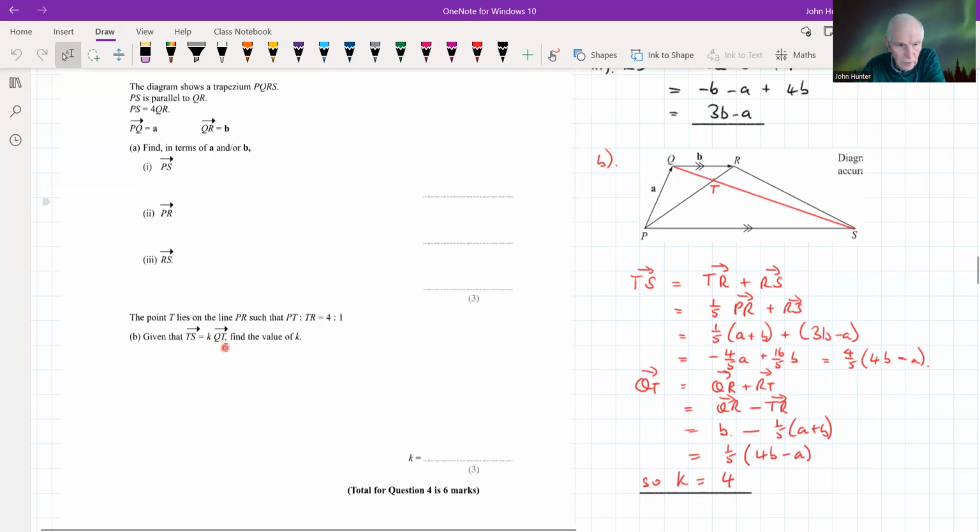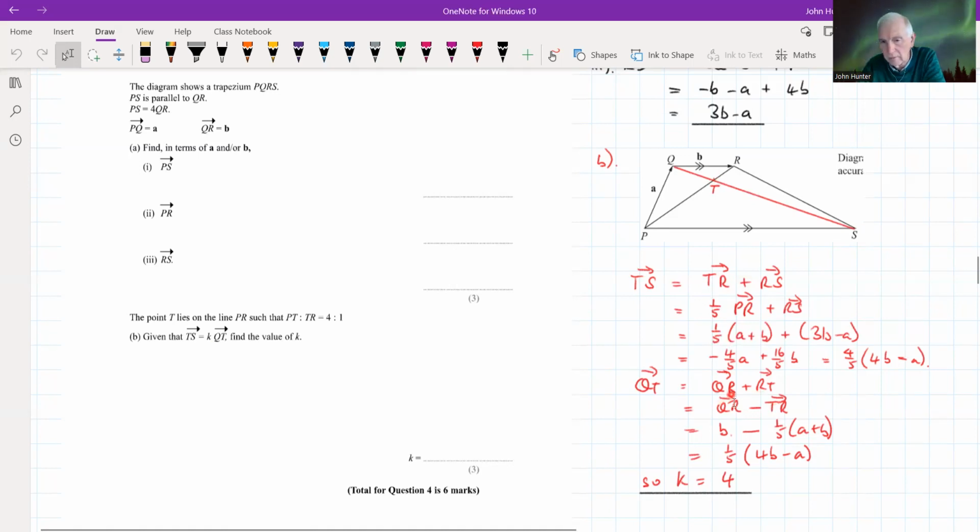Okay, what about the right-hand side here? QT is QR plus RT, and RT, going the opposite direction to TR, is minus TR.